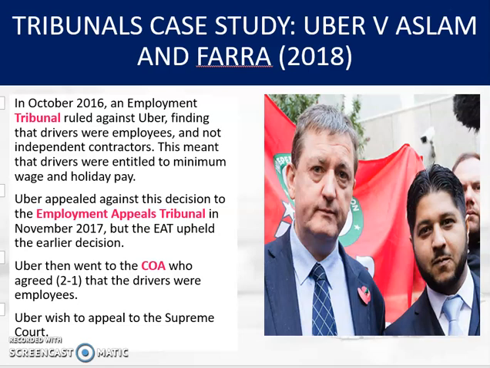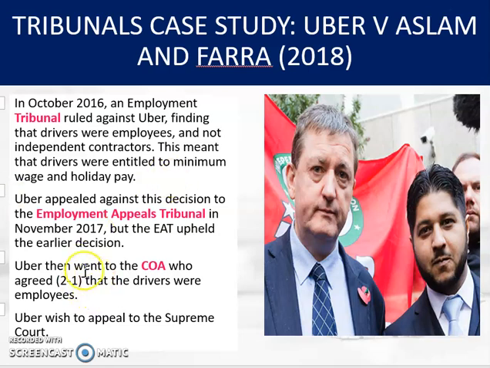Uber wasn't very happy about this, so they appealed to the Employment Appeals Tribunal in 2017, but again, the Appeals Tribunal upheld the earlier decision and said they are employees, you must give them their rights. Uber then went to the Court of Appeal, and it was a split decision.